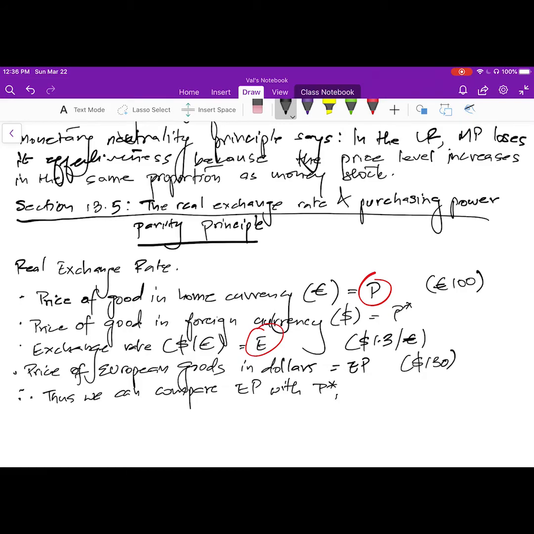Why? Because they are both measured in dollars.